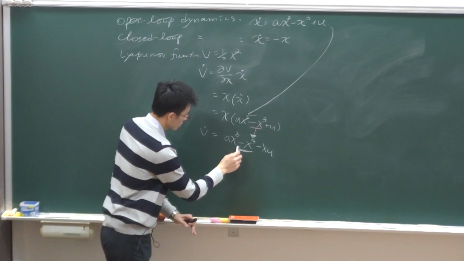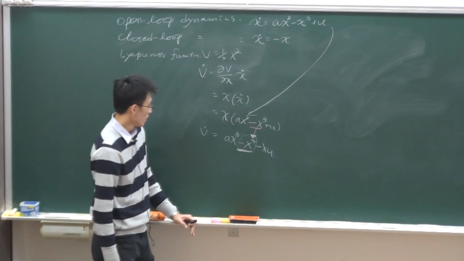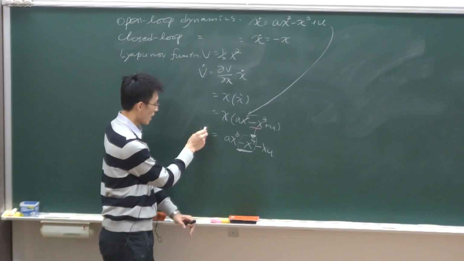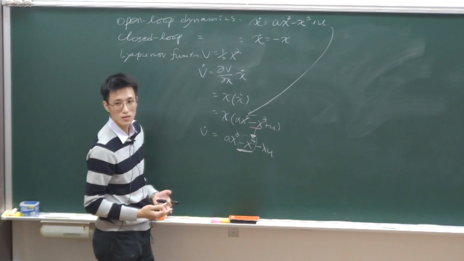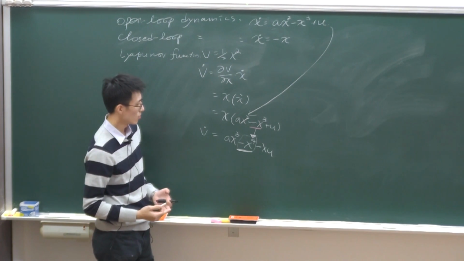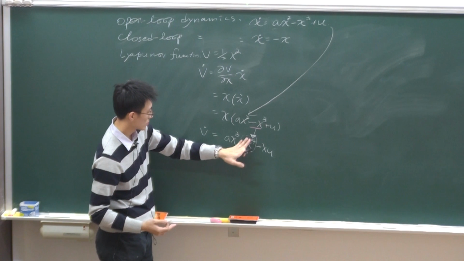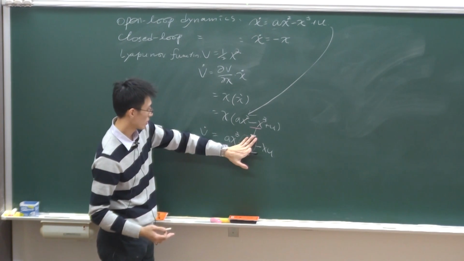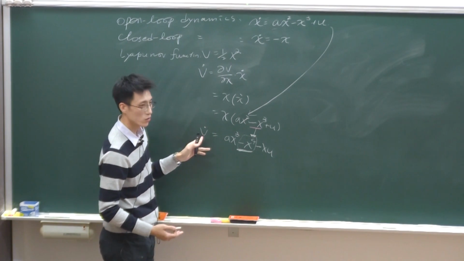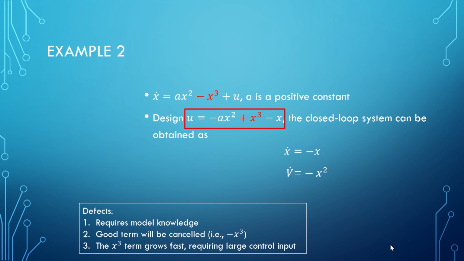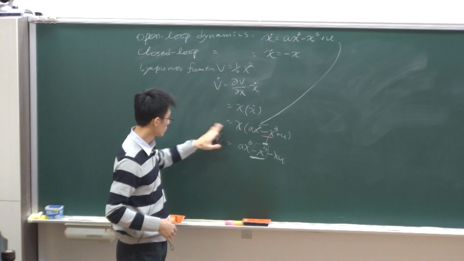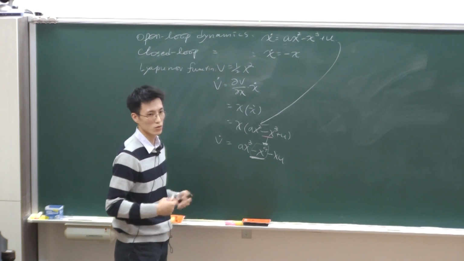So this term can help V dot to be more negative, no matter what x is, right? So if you keep this term, V will converge faster. And in the controller, we design this term to cancel out this term, which is a good term, so that the convergence rate of V dot is compromised.